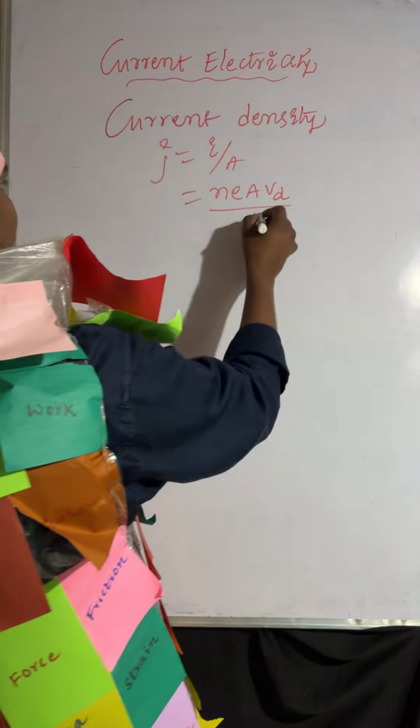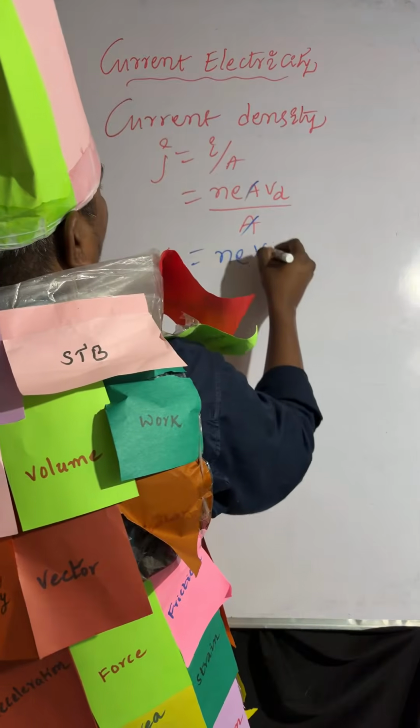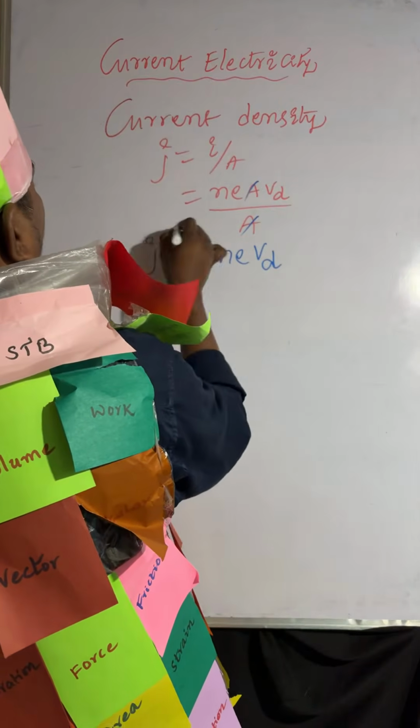Yes or no? So A gets cancelled, N e V_d. So that is the current density formula.